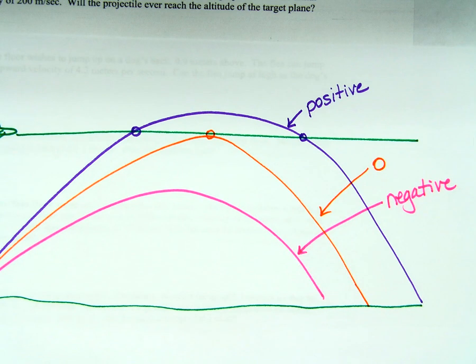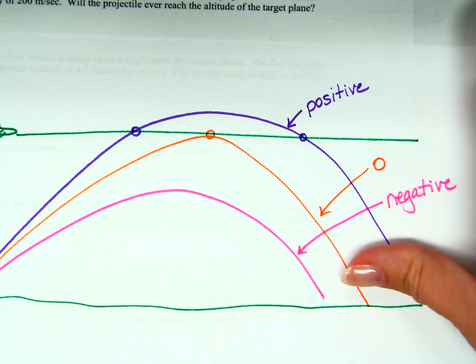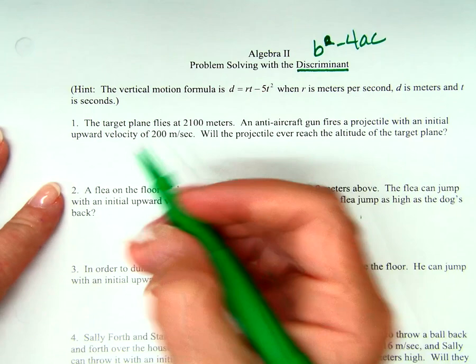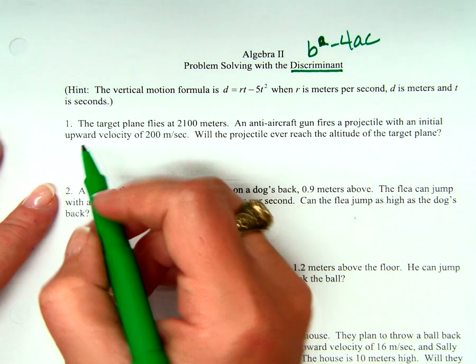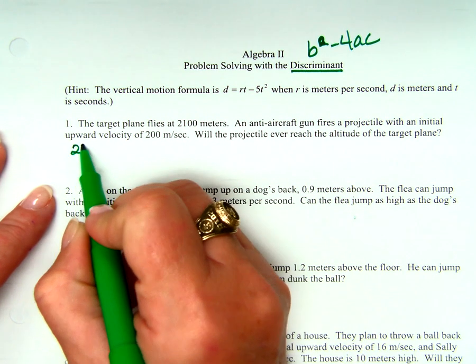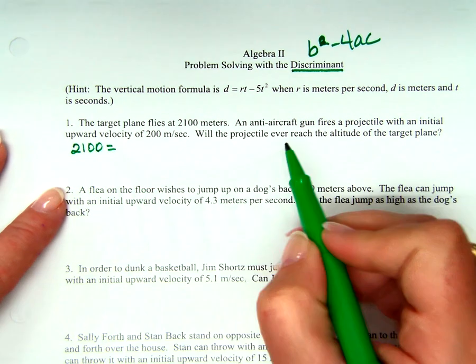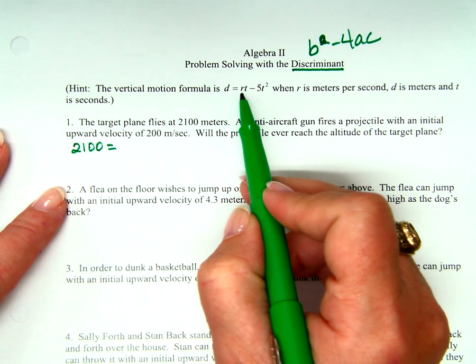So let's see what happens here. Okay, let's use the information they gave us and see what happens. Well, what do we know? What's this? So that's D, so 2100 equals, do I know?